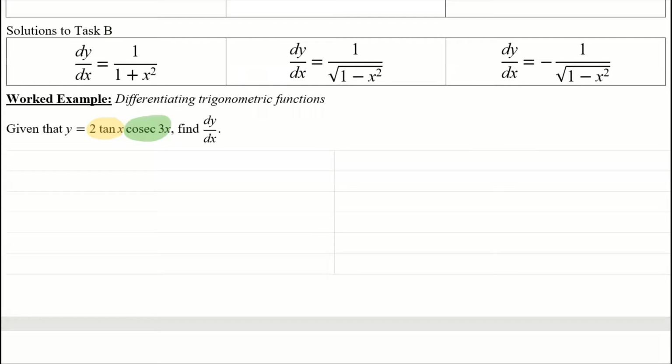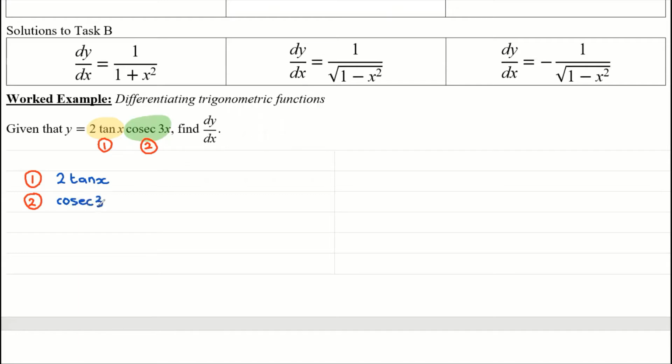So let's have a go with that. I think that's probably a sensible choice. So we'll label this as 1. We'll label this as 2. And we'll find the derivatives of those separately. So I'm just going to write them out again. So we've got function 1, function 2, like so. And we've got 2 tan x and cosec 3x.